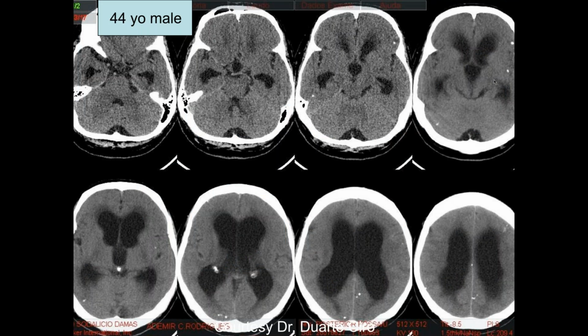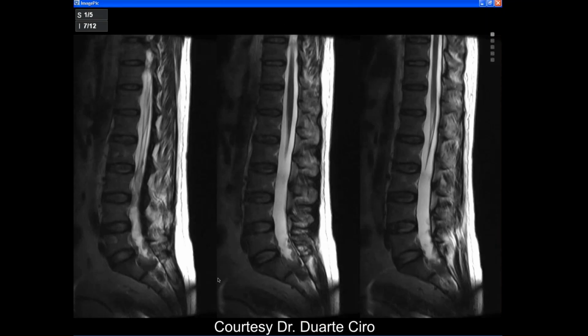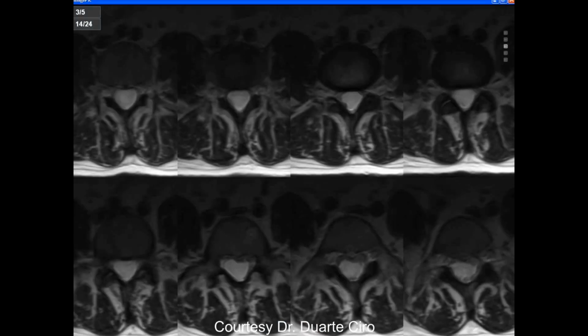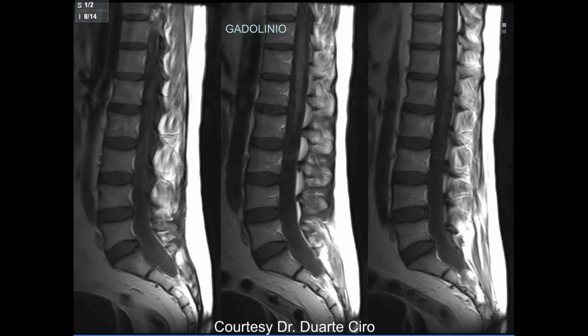Here's another person. You can see the typical punctate calcifications, hydrocephalus, which you get with this. Kind of a cystic collection throughout the neural tract here. And again, very abnormal signal here.